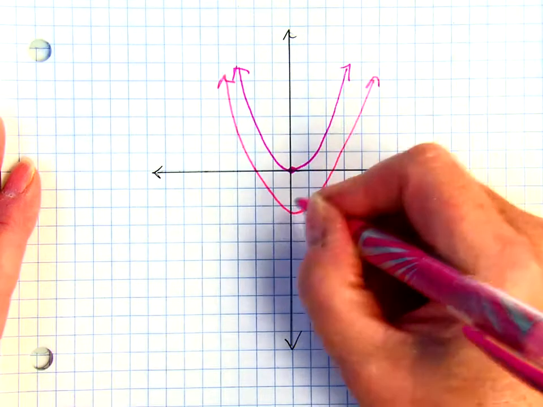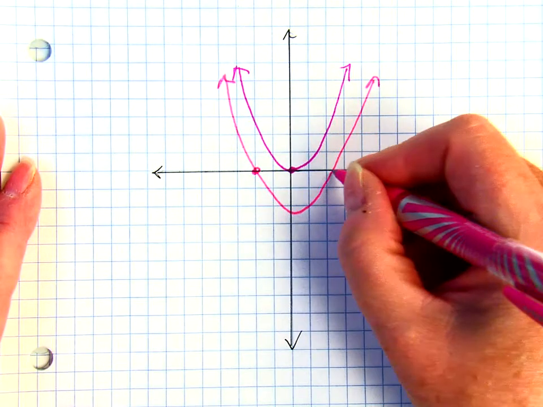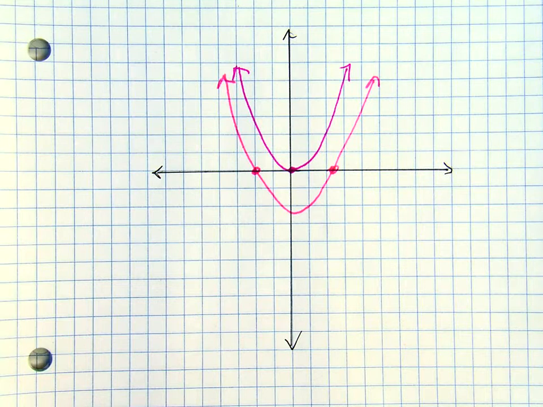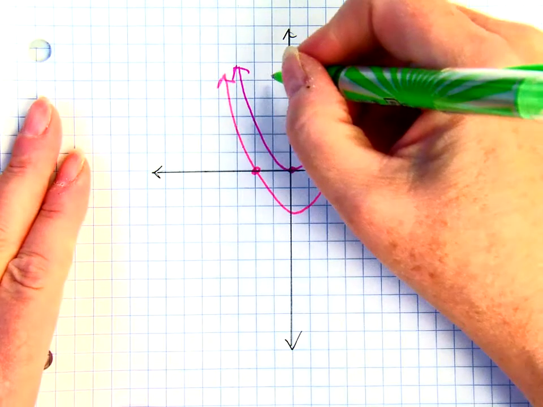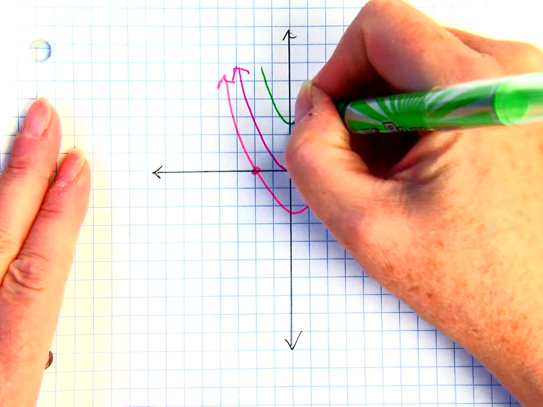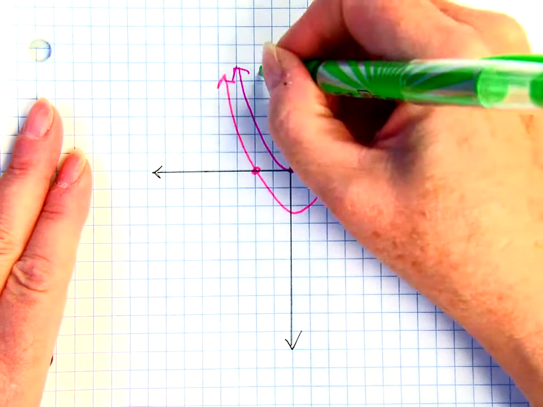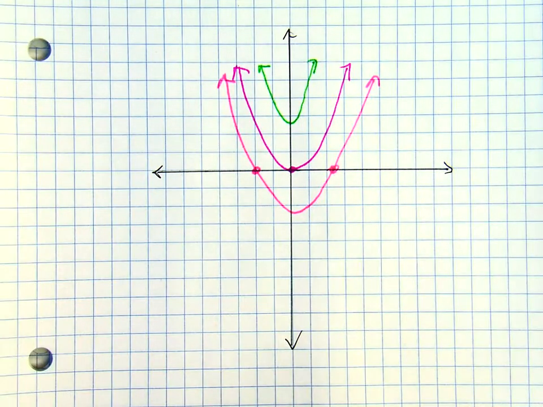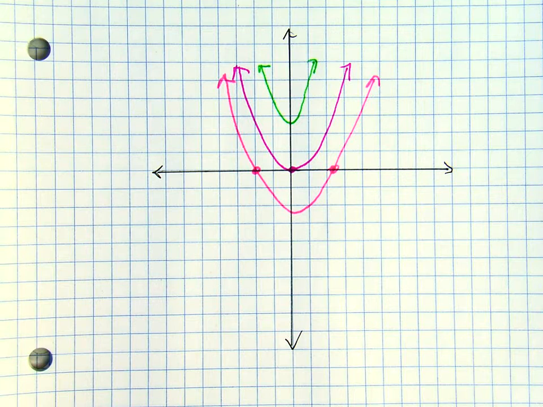Okay, and we can see that we're crossing it in 2 places. And then finally, if we have the situation where there are no solutions, that means that the parabola is up here and it does not touch the x-axis at all. So that is what the discriminant is going to tell us.